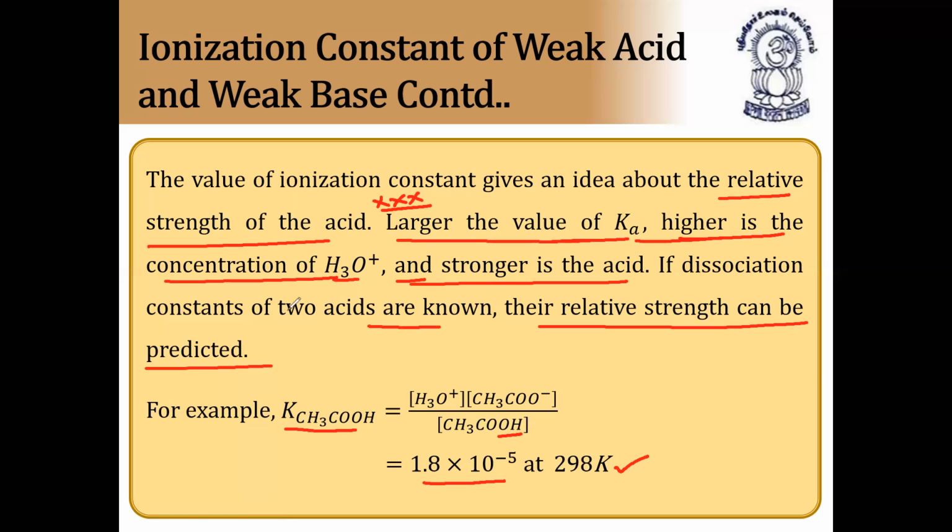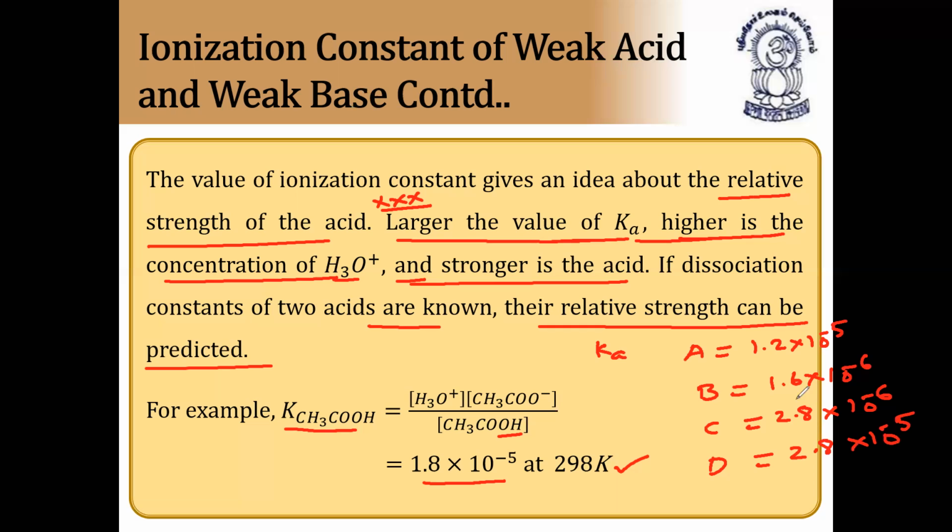If the dissociation constants of two acids are known, the relative strength can be predicted. For example, Ka values of A, B, C, D will be given. Ka value of acid A is say 1.2 into 10 to the power of minus 5, Ka value of acid B is 1.6 into 10 to the power of minus 6, Ka value of some other acid C is given as 2.8 into 10 to the power of minus 6, and Ka value for acid D is 2.8 into 10 to the power of minus 5.